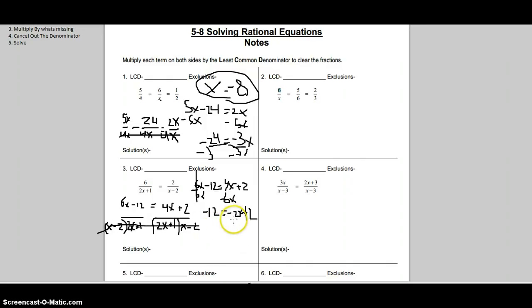We want to subtract 2 to get to the other side. Negative 12 minus 2 will be negative 14.